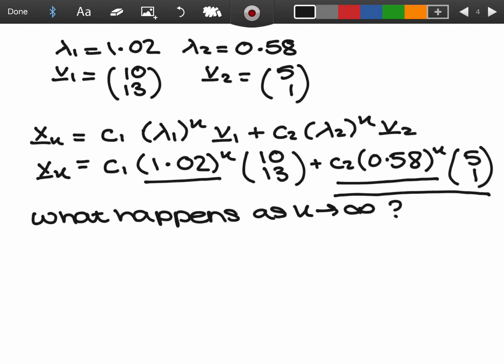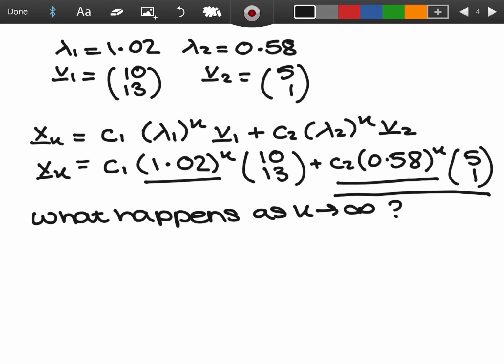What happens to this term? Well, as k goes to infinity, this thing's going to shoot off and get larger and larger because it's got a magnitude greater than 1. It's not going to go off to infinity very quickly, but it will shoot off to a sufficiently large number.